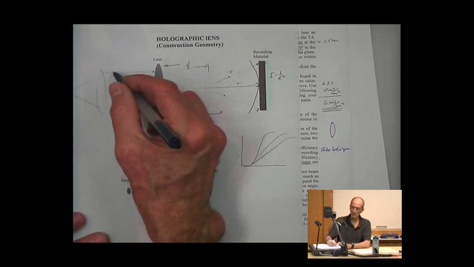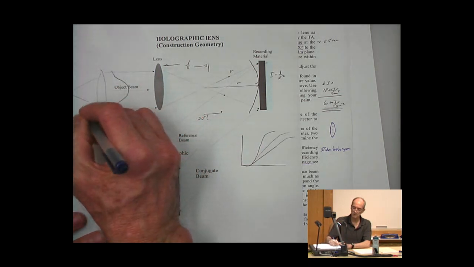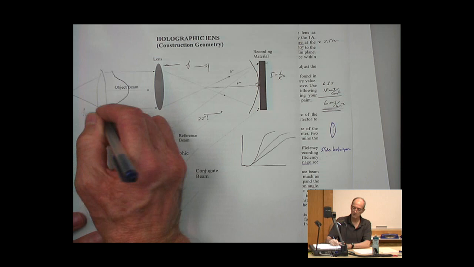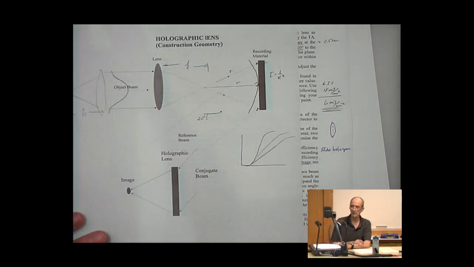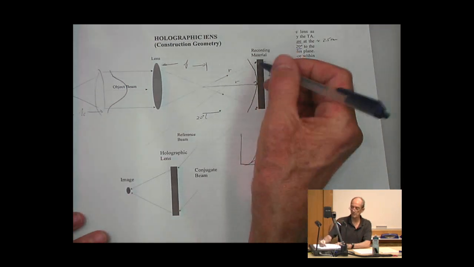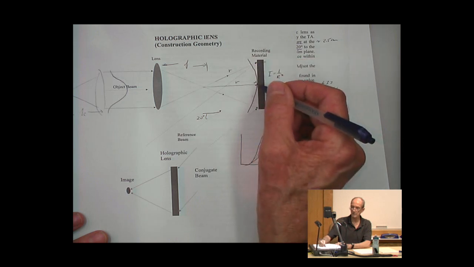If the focal length of the collimating lens is too short, you're going to get a very pronounced Gaussian profile in that beam, and that's going to copy. So the exposure here is going to be significantly lower than here.